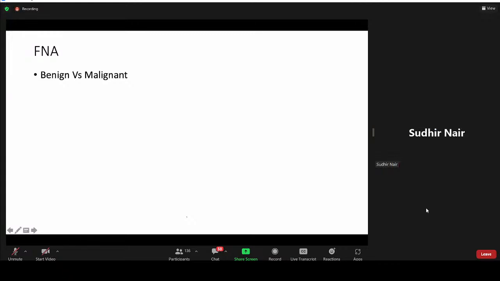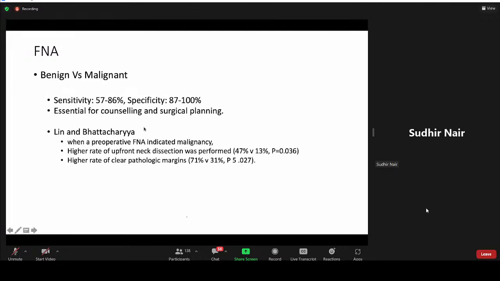Yeah, doctor. I think I agree with Dr. DeCruz. In fact, if you have a preoperative diagnosis of the pathology you are dealing with, it's always very useful for us to plan the surgery accordingly and counsel the patient accordingly. Especially, it can help us avoid some intraoperative surprises.